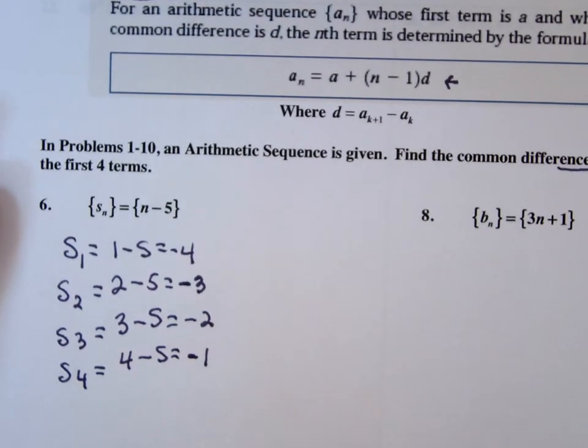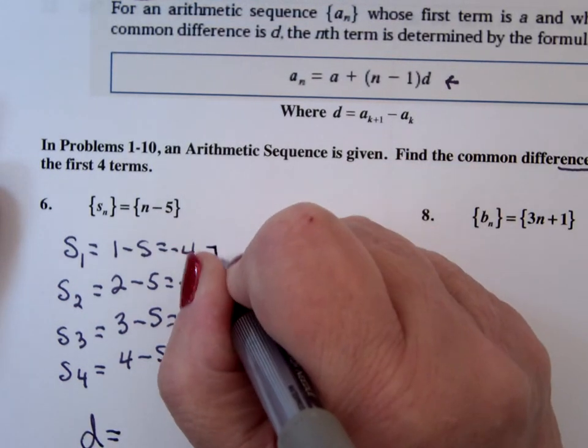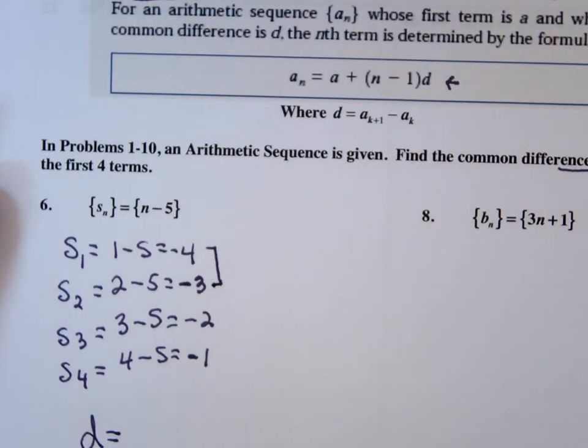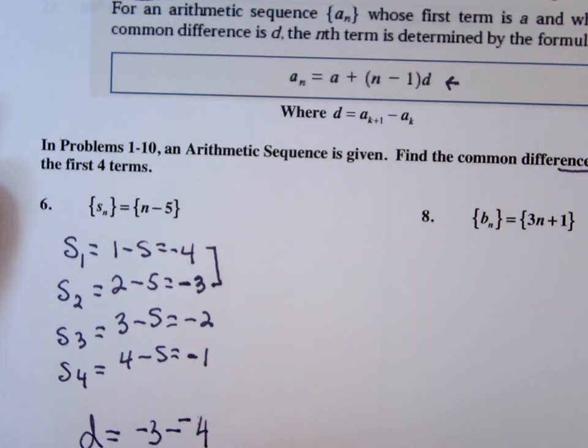So what's D? Well, pick any two that are side by side. I'll pick the first two. It's minus 3 minus minus 4, or D is positive 1.